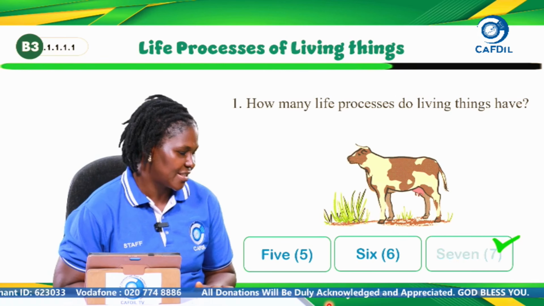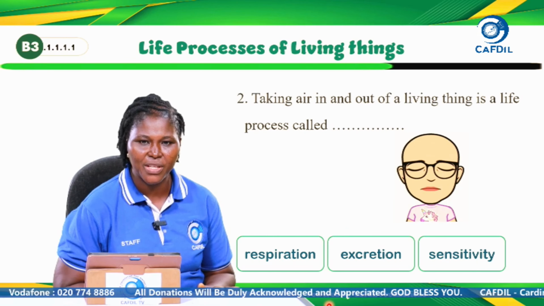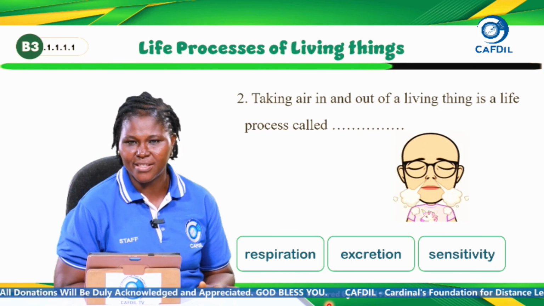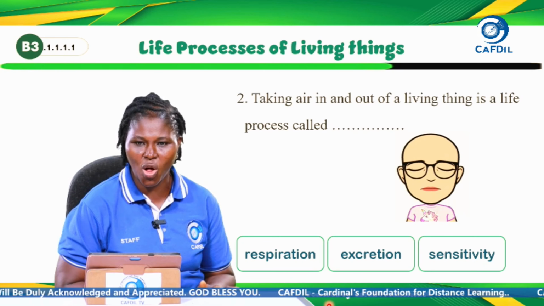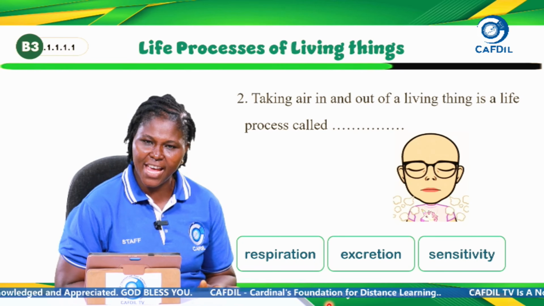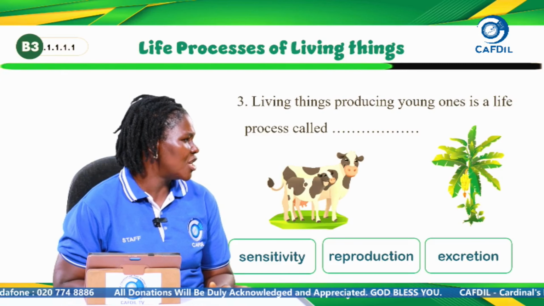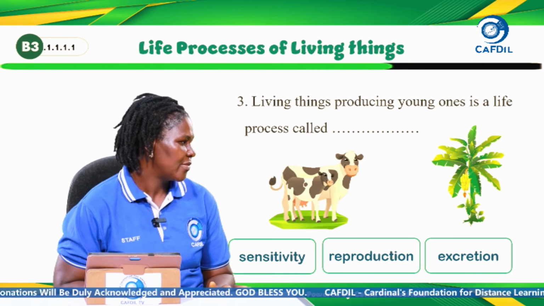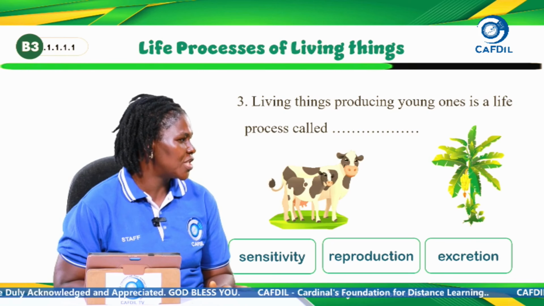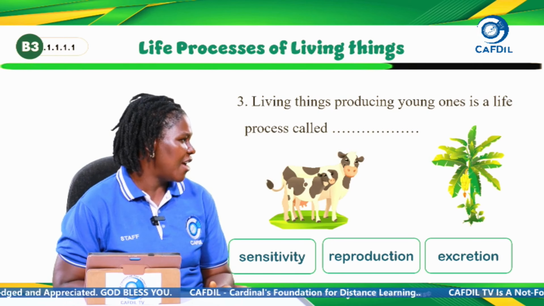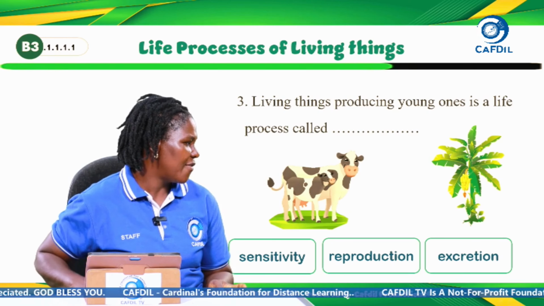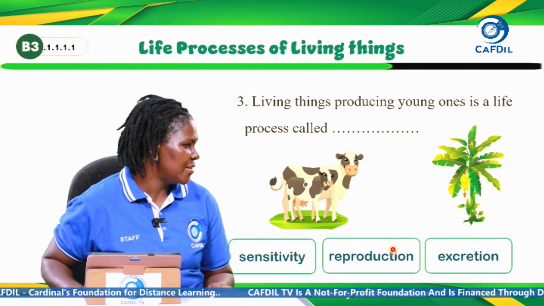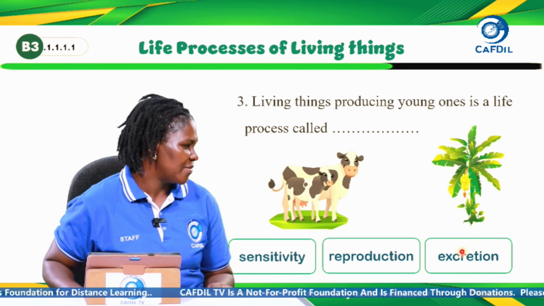Question number 2. Taking air in and out of living things is a life process called. Taking air in and producing young ones is a life process called. Living things producing young ones is a life process called, we have sensitivity, reproduction, and excretion.